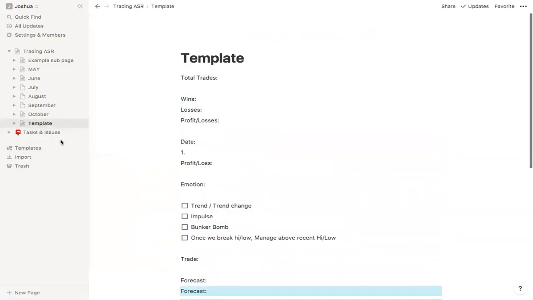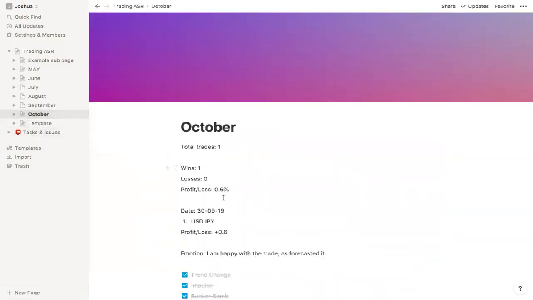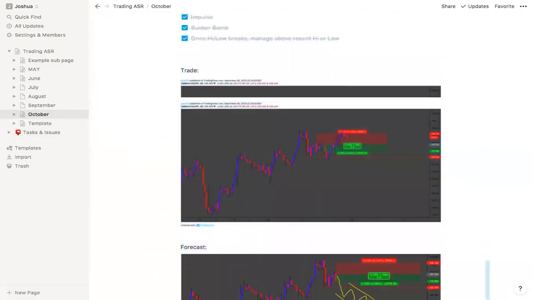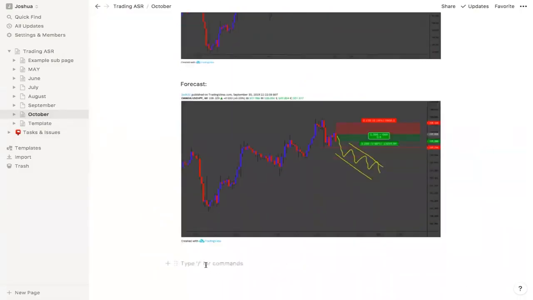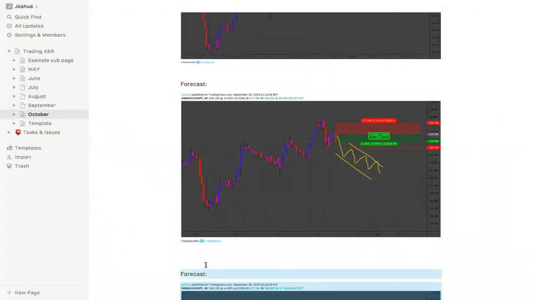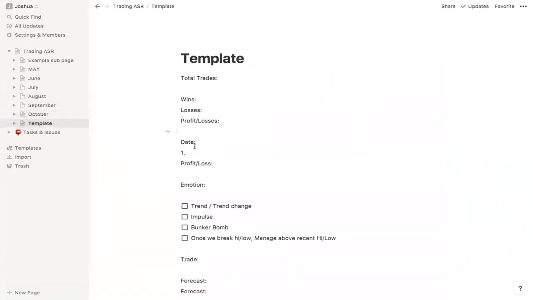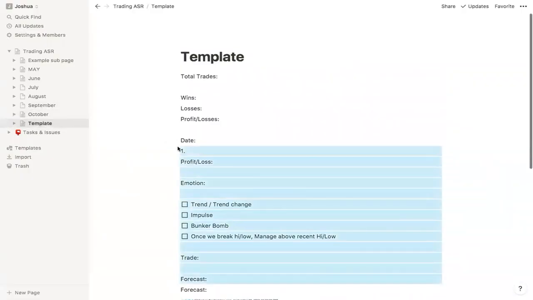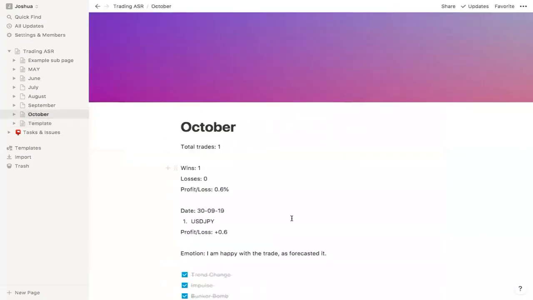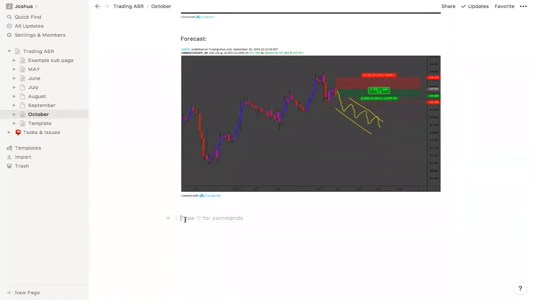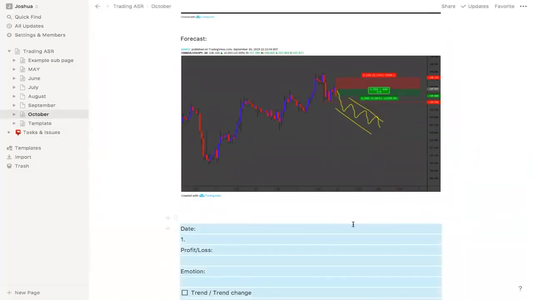And then I'll go back down to here, and I will copy this, okay? Go to October, which is our month, go back down, and then just copy that in, okay?